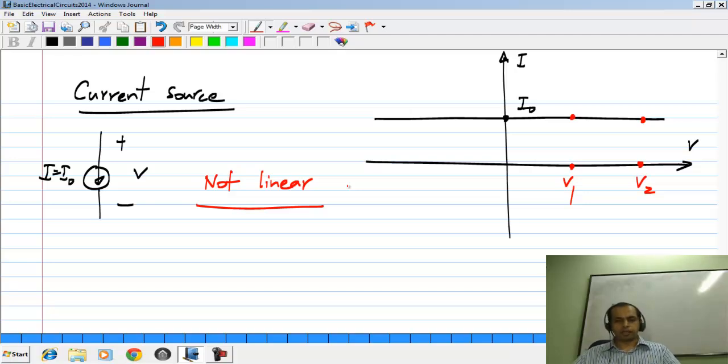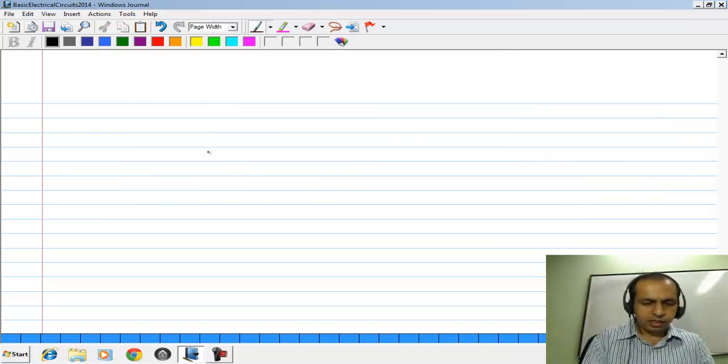Now, what distinguishes the characteristics of a resistor, a current source and a voltage source, all of which are straight lines?